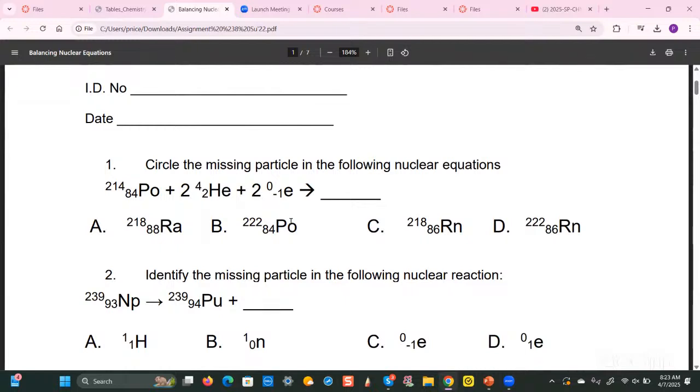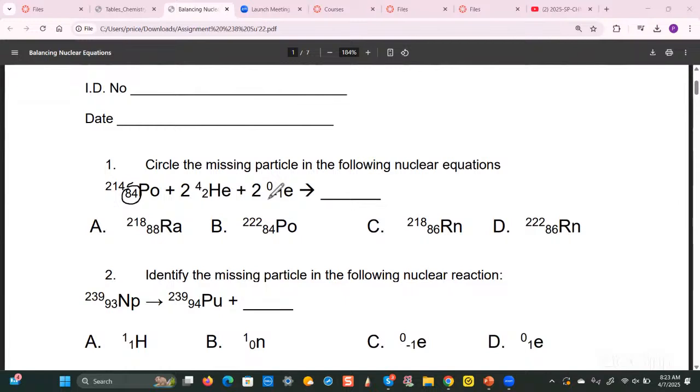I'm sure I did. Oh, hold on. It's 84 plus 4. You're talking about the atomic numbers, right? Yes, because we ended up getting 86 at the end. 84 plus 4, that's 88. And then minus 2.